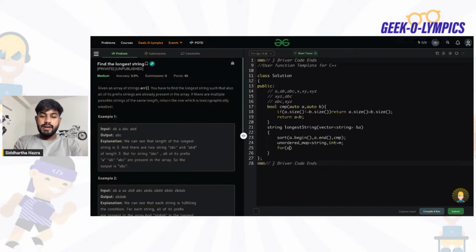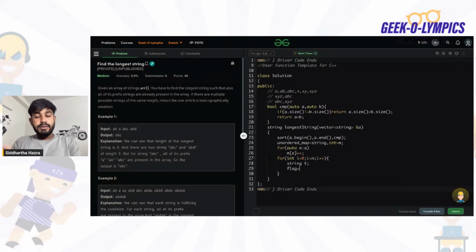First I would hash all the values: for auto e in a, m of e plus plus. I hashed everything into a map. Now for int i equals 0, i less than n, i plus plus, I would first take a string t, and a flag will tell whether the whole string is exhausted or not.